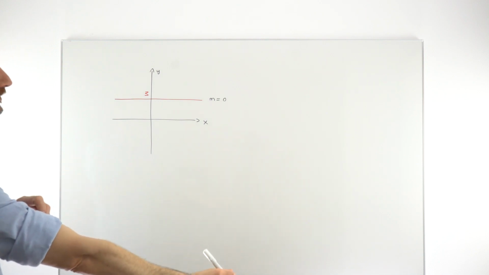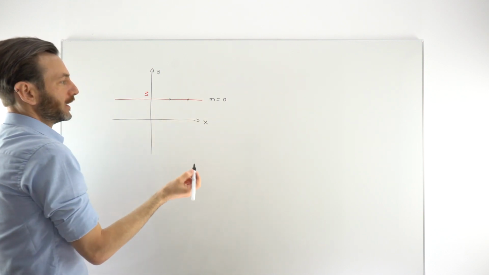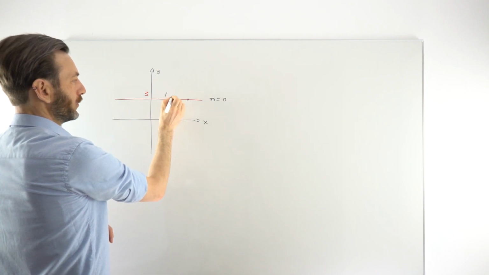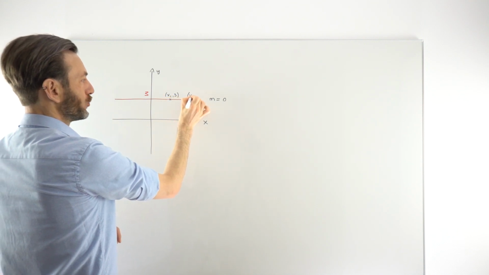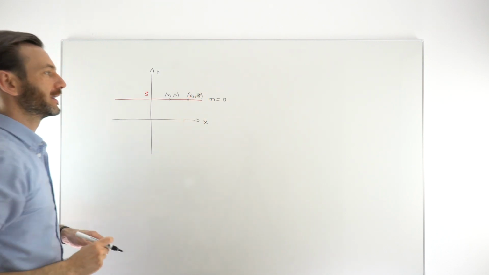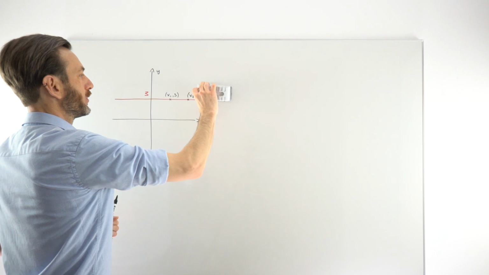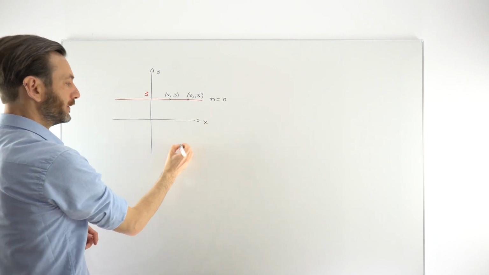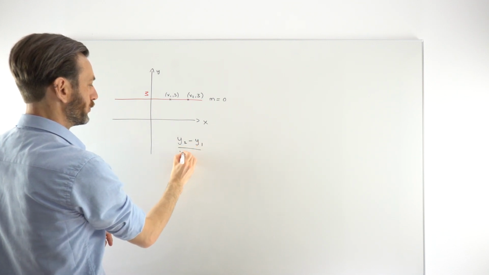The other way that you could think about that is if you took 2 points on the line, say a point there and a point there, and regardless of what their x coordinates are, they've both got a y coordinate of 3. So x1 and a y coordinate of 3, and x2 and a y coordinate of 3. If we use our gradient formula on those 2 points, gradient is y2 minus y1 divided by x2 minus x1.